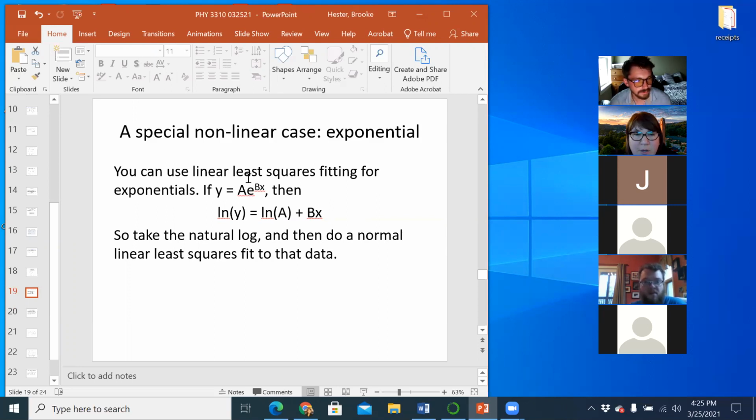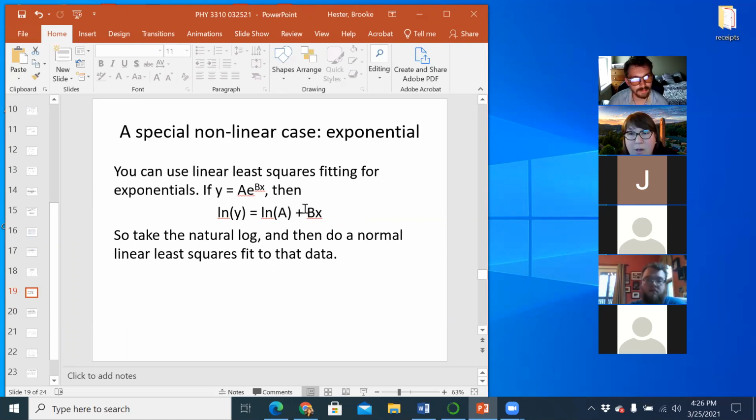We can take the natural log of both sides. The natural log of y, there that is. If we take the natural log of this, we're going to take the natural log of the first thing times the second thing, which is equal to the natural log of a plus the natural log of e to the bx.